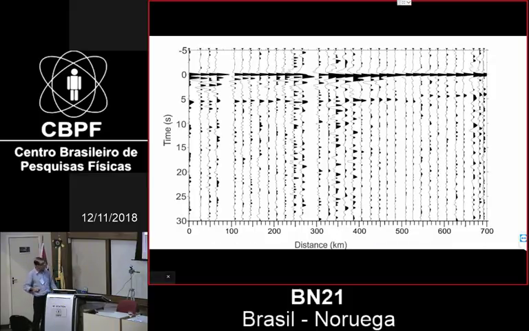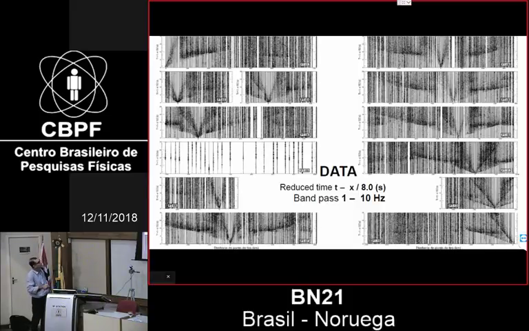Putting all this data together gives us an idea of how the Moho is behaving, and more details inside the basin as well. Here the multiples disappear, and this is due to the magmatism that's going up into the basin.